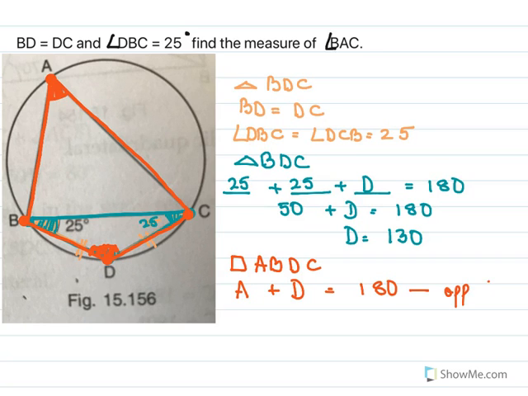Property of cyclic, opposite angles supplementary. So A plus D, we already found D was 130. So 130 plus A equal to 180. So your A will be 50. So your BAC will be 50. They've asked us to find BAC, which is 50.